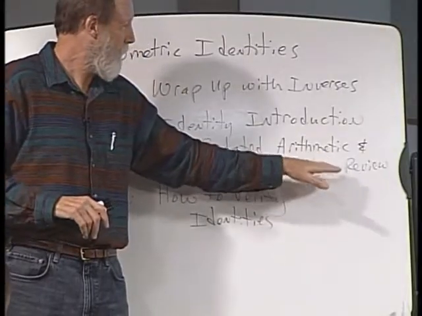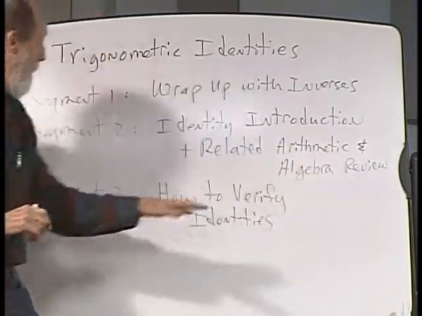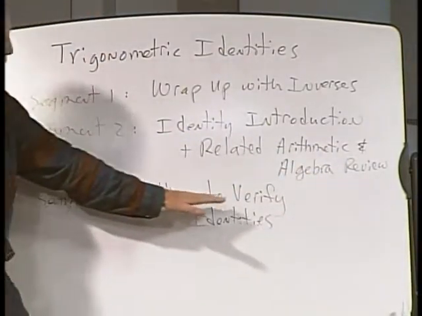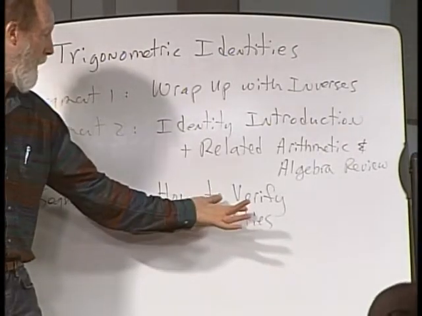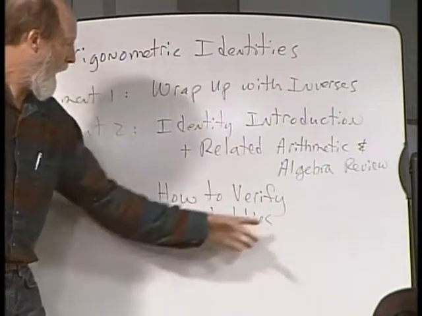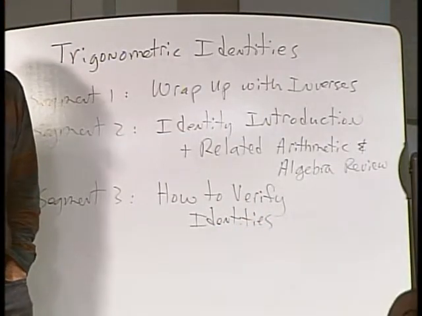And then we will use the techniques that you've learned in there after this review to then, in segment 3, start actually practicing on verifying identities, and I'll also explain why we want to have this sort of practice. Okay? So, any questions so far?